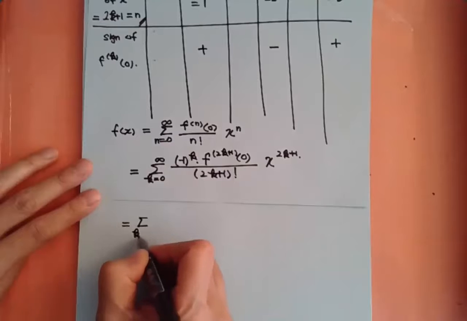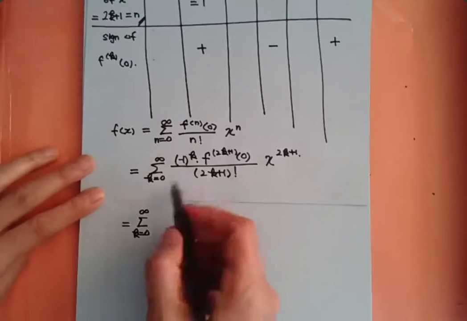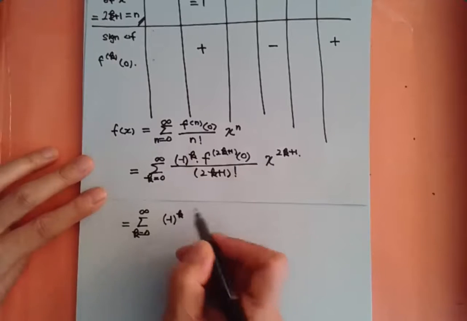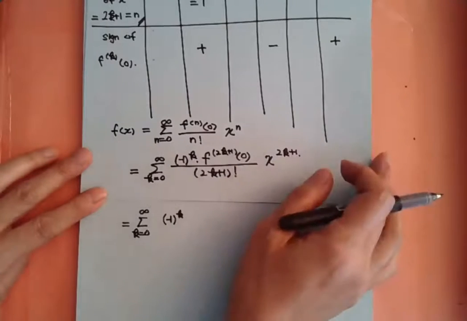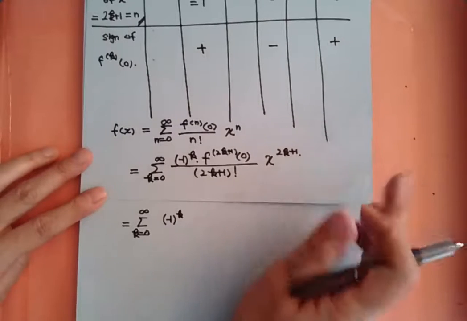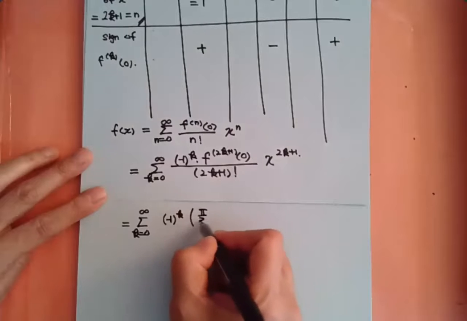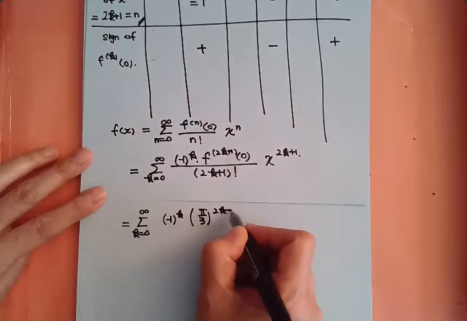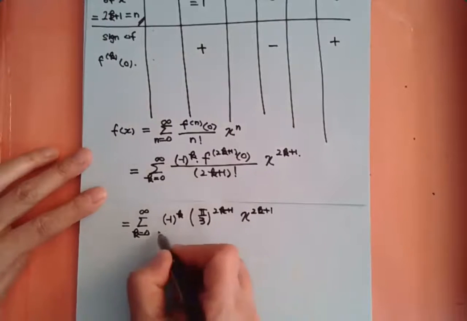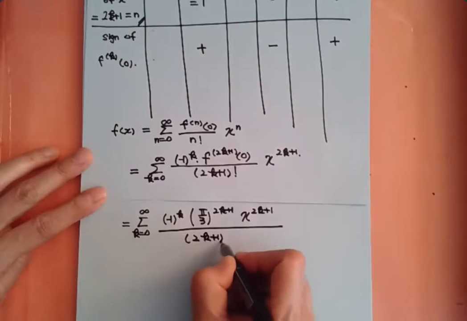So the summation k equals 0 to infinity, and that is minus 1 to the k power, and this part is pi over 3 to the 2k plus 1 x to the 2k plus 1 over 2k plus 1 factorial.